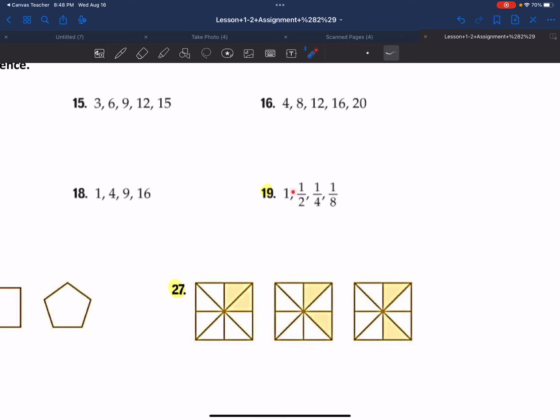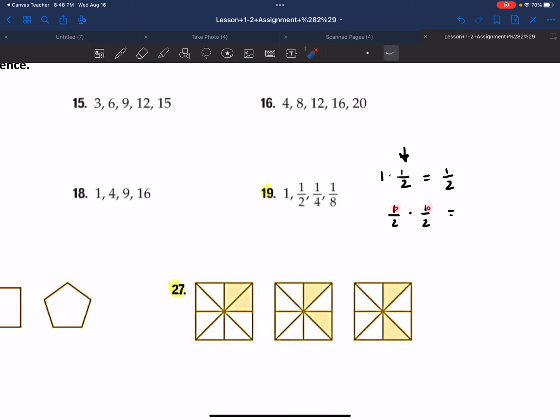So if I look at this 1, I'm like, okay, 1 times 1/2 is what? 1/2. And therefore, it's going to give me this second term. Now I'm going to take this and multiply that by 1/2. So I have 1/2 times 1/2. Whenever you have a fraction multiplied by a fraction, we multiply across.